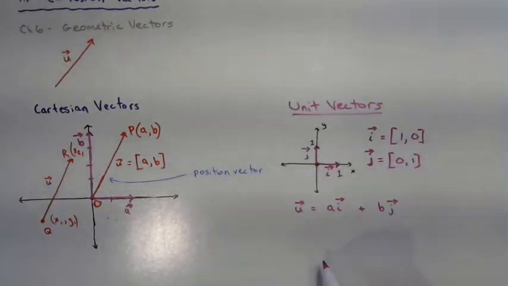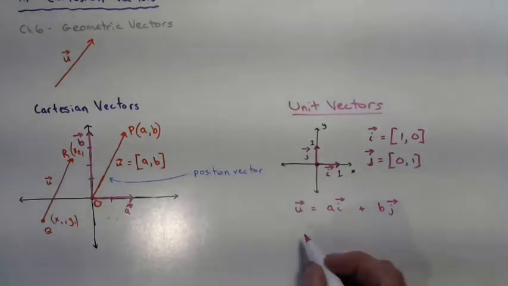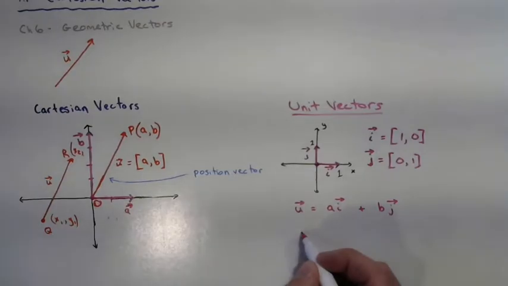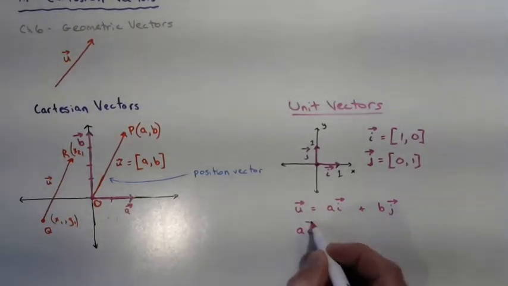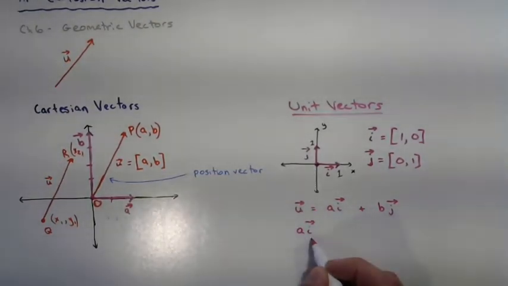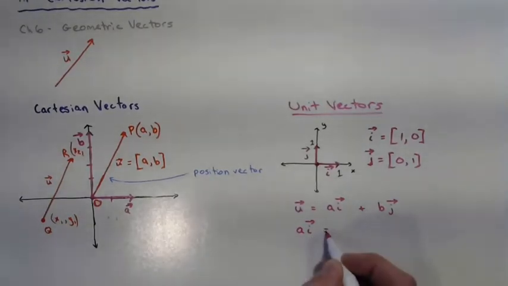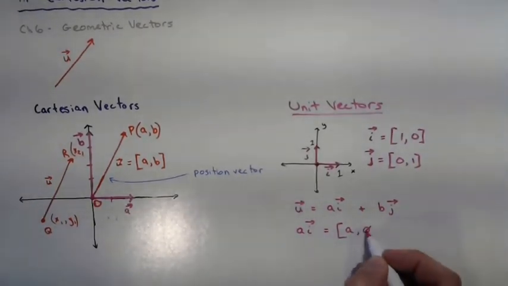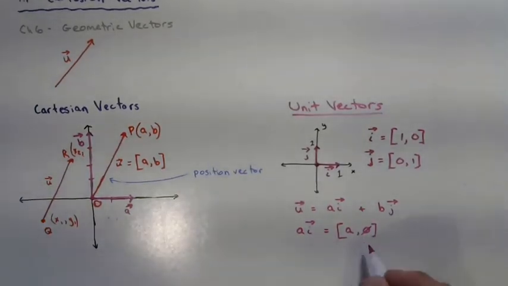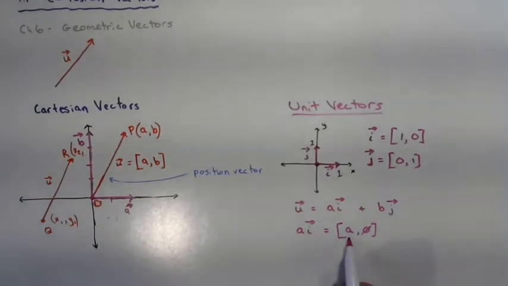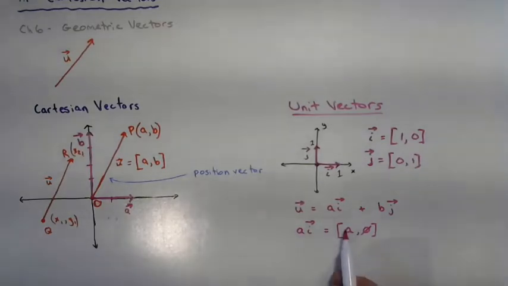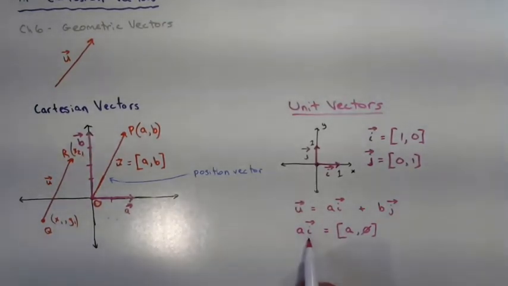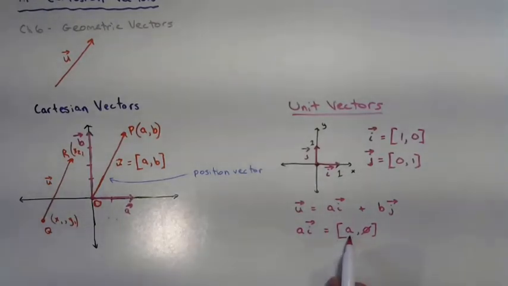Okay? Also, from this, we can gain some other things. So we've used AI here. Well, what is AI? AI, a scalar multiple of the unit vector I, is equal to the vector [A, 0], because we know that it is only in the horizontal direction, and A is going to be the multiplier by which you multiply the unit vector. Anything times 1 is itself.